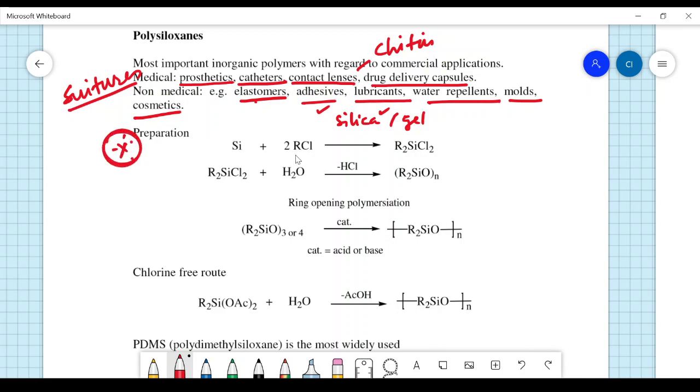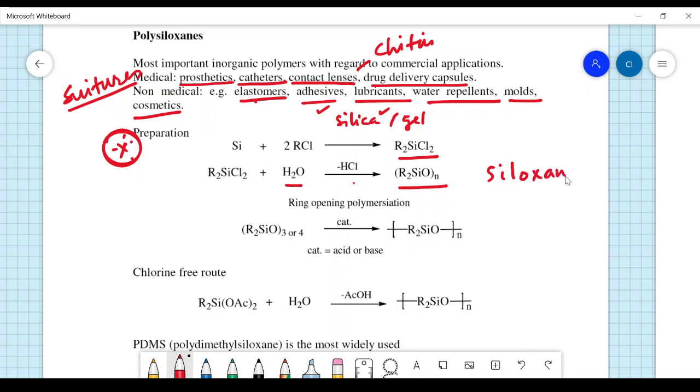Silicon reacting with an alkyl chloride, 2 moles of alkyl, will give R2SiCl2, and that when treated with water in the presence of HCl will give a polymer with the SiO repeating unit. So this is a polysiloxane.